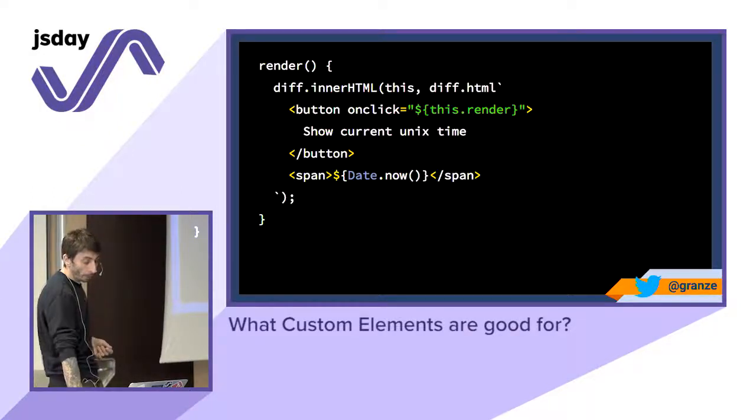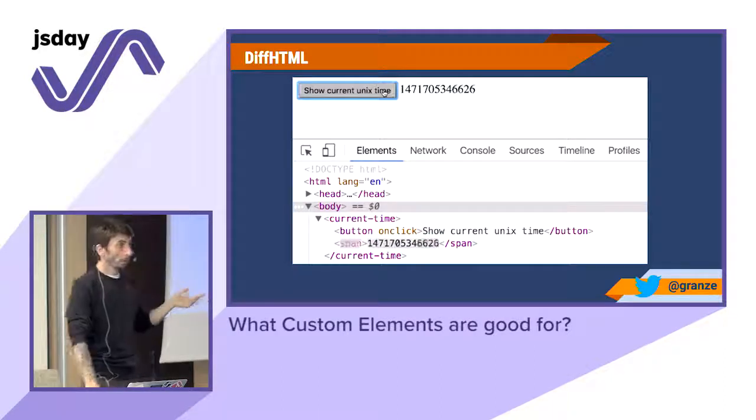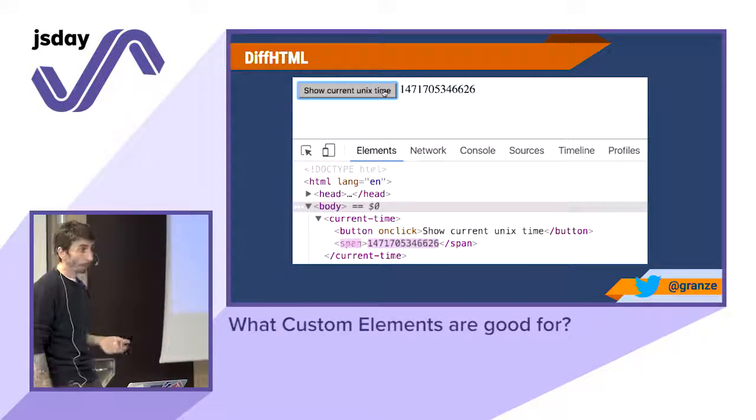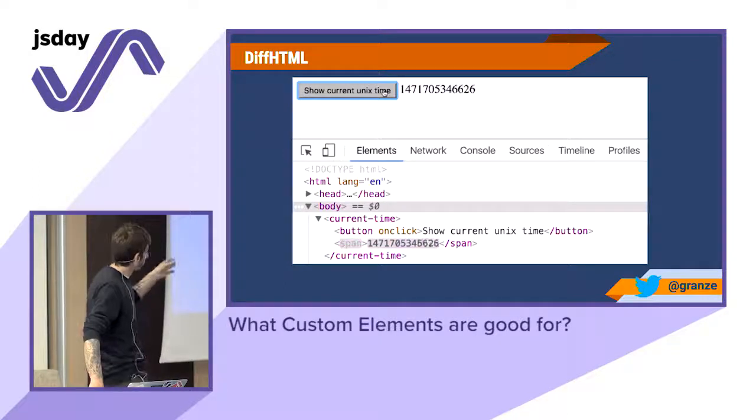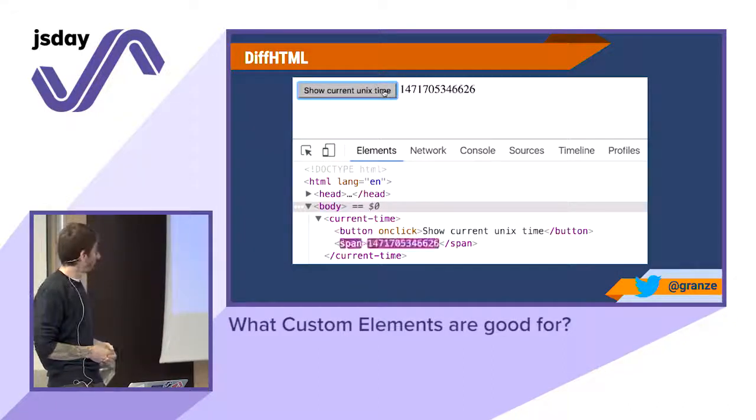And what happened in this case, the innerHTML you see there is not the standard innerHTML, but is the innerHTML you get from the diff HTML library. So this is what you get. The component is not re-rendered entirely. Only the small part that is changing, so you get the same result as you can get with React or stuff like that.